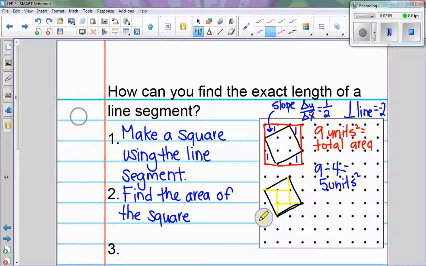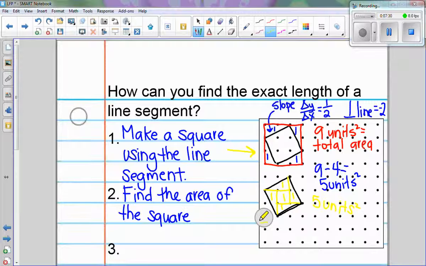Okay. And then here we can see 1, 2, 3, 4, 5. And so that way we could also say 5 units squared. It's really whatever you're most comfortable with, but kids tend to be more accurate using the first strategy.